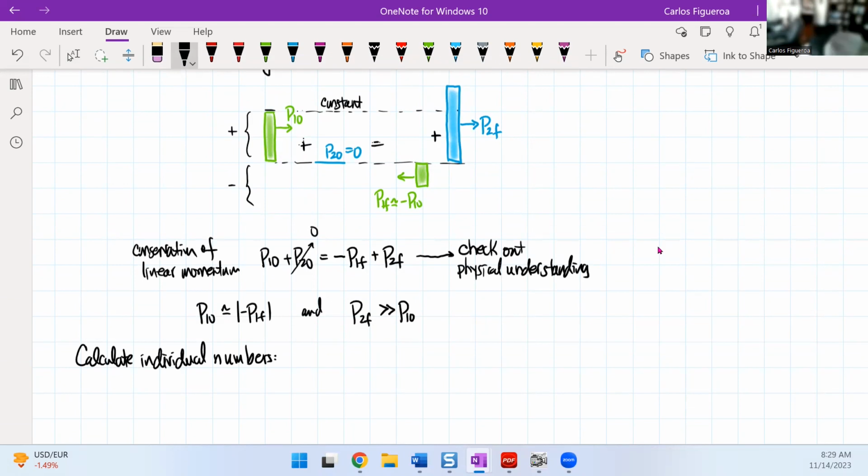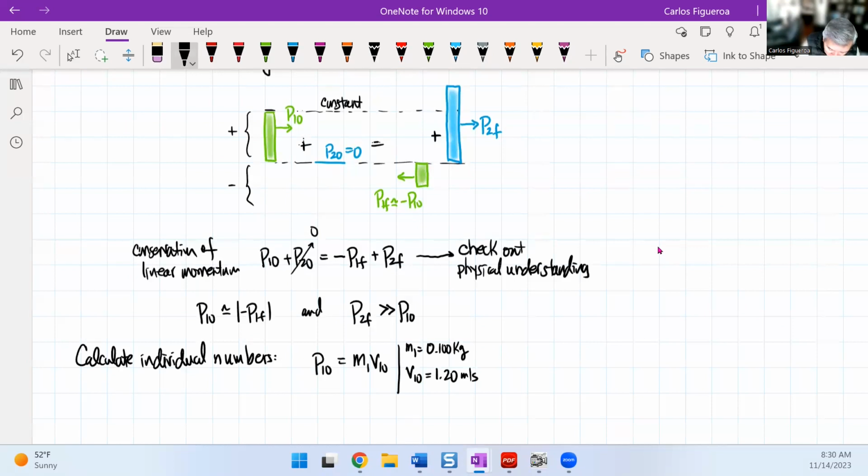So the first thing that we want to do is calculate the initial momentum. So it's got to be M1 times V1 initial. If you look at what it says here, here's what we know. The mass of 1 is equal to 0.1 kilograms, its initial speed is equal to 1.20 meters per second.